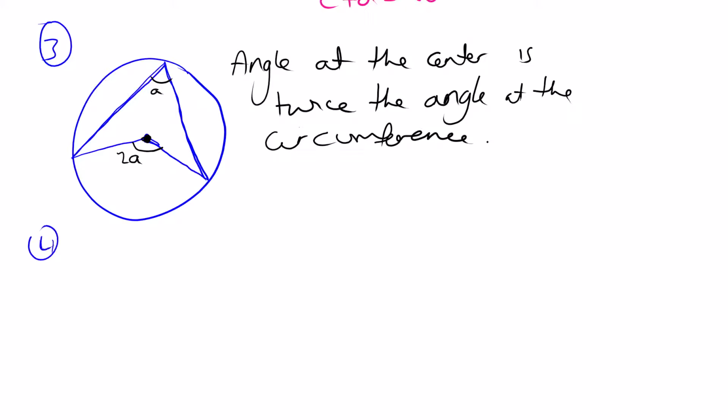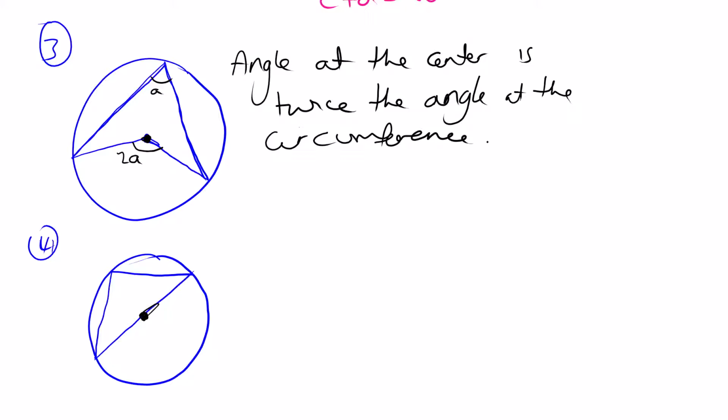I'm going to leave that one up there, number 4. This time we're going to have a center point. So we're going to have a diameter going through the center point there. And this time we're going to turn the diameter into one side of a triangle.